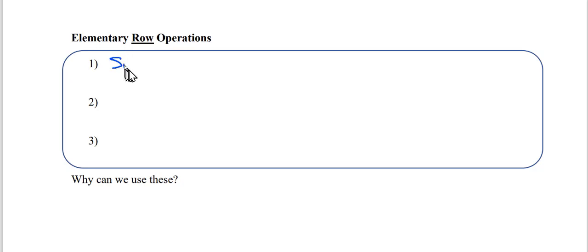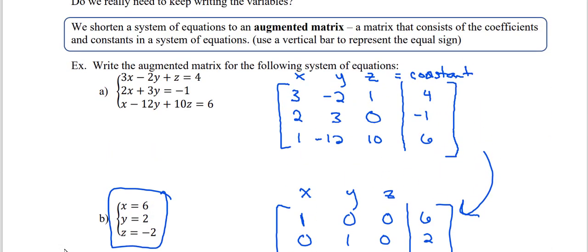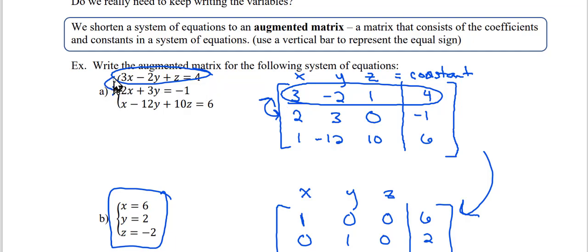First thing we can do is we can switch any 2 rows. Why might we be able to do that? Remember, each row of the augmented matrix represents an equation, right? This row represents this equation. So if I just flip 2 rows, if I switch these 2, then all I'm really doing is switching these 2 equations.